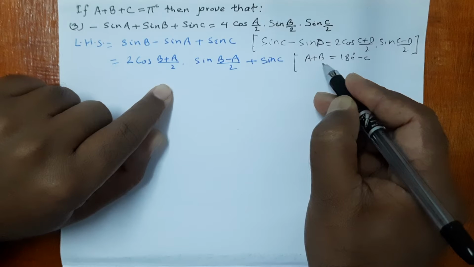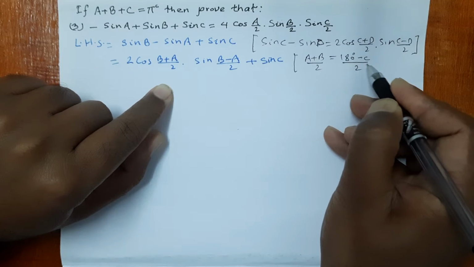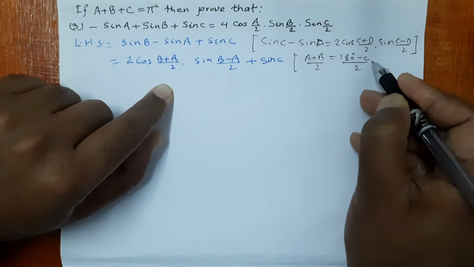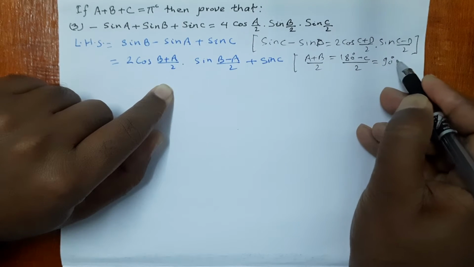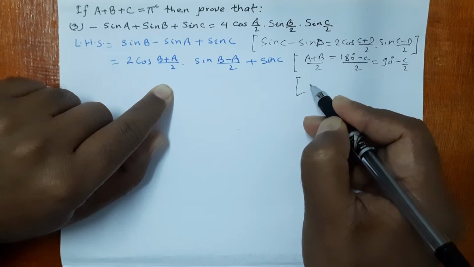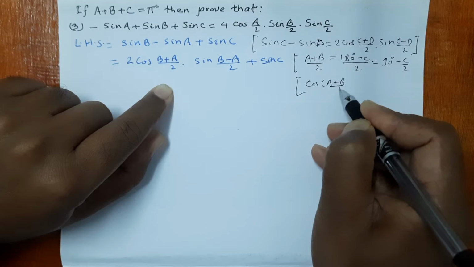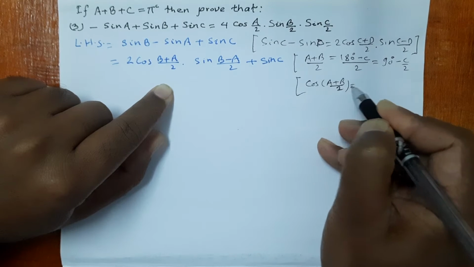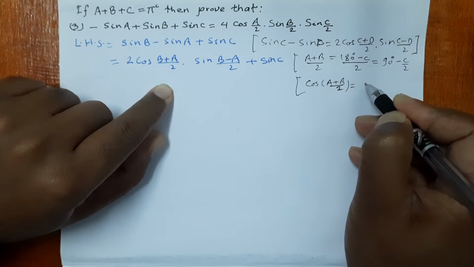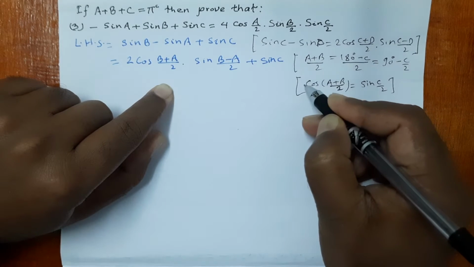Now if you divide both sides by 2, a plus b over 2 equals 180 degrees over 2, that is 90 degrees minus c over 2. So taking cos on both sides, cos a plus b over 2 will be cos 90 degrees minus c over 2, that is sine c over 2.